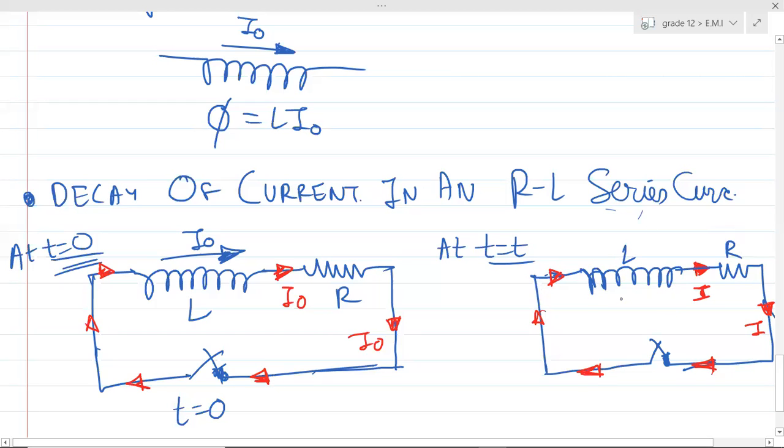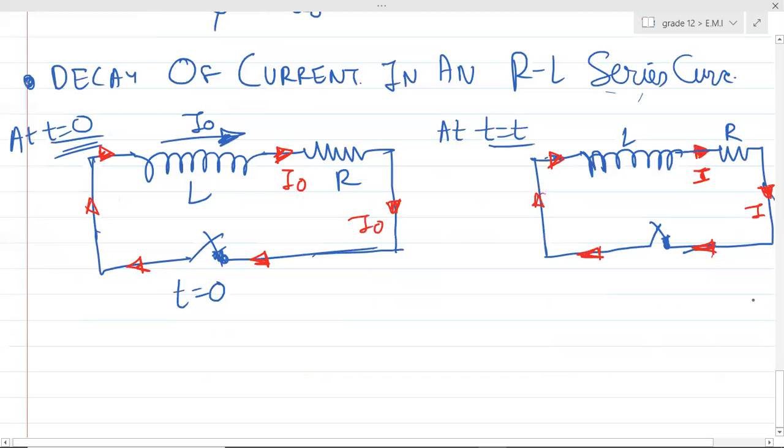Can you apply Kirchhoff's law at this particular place? Can anyone apply Kirchhoff's law? Let's start from here. Am I going in the direction of current or in the opposite direction? In the direction of current. So in the direction of current it will be minus L into di by dt. Yes or no? Negative.